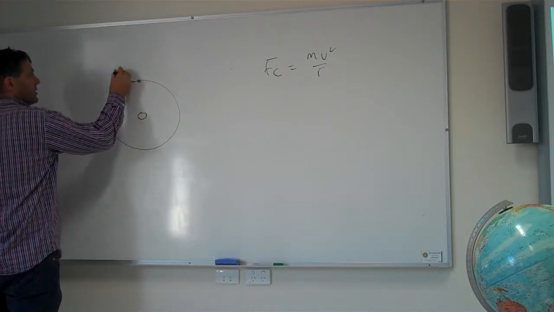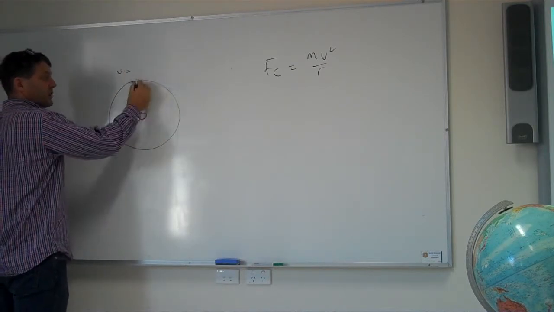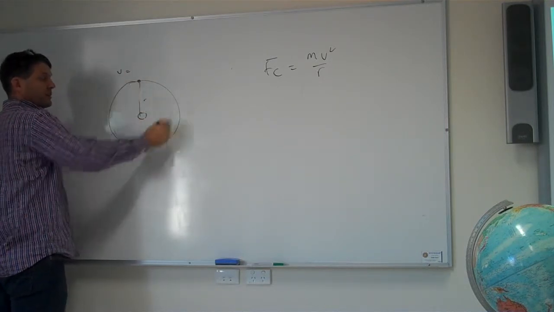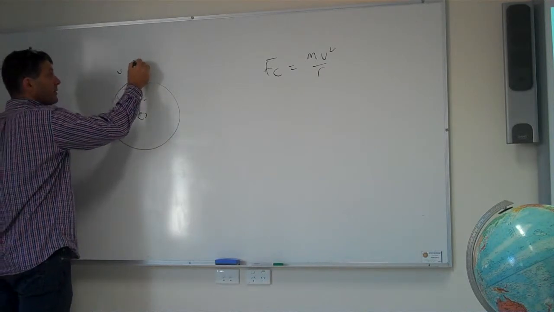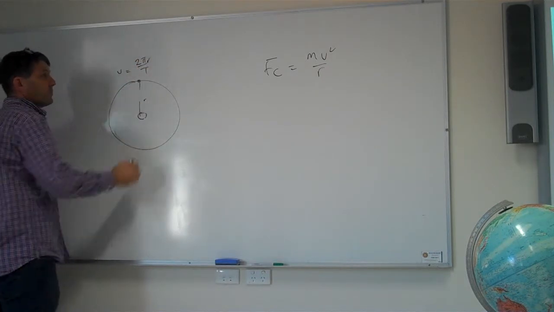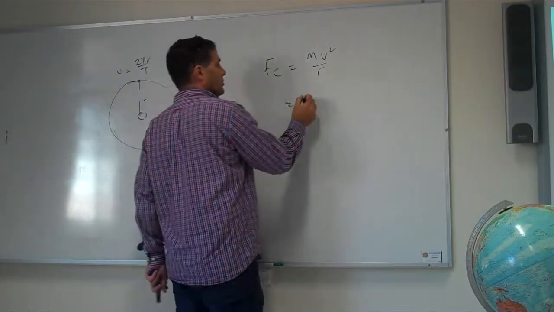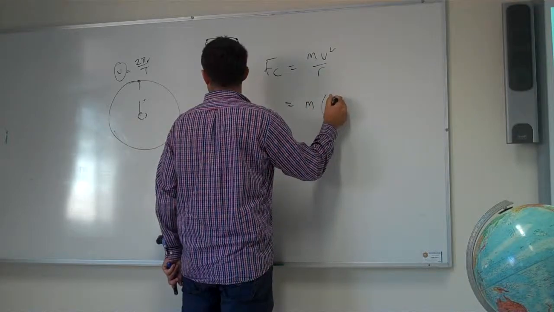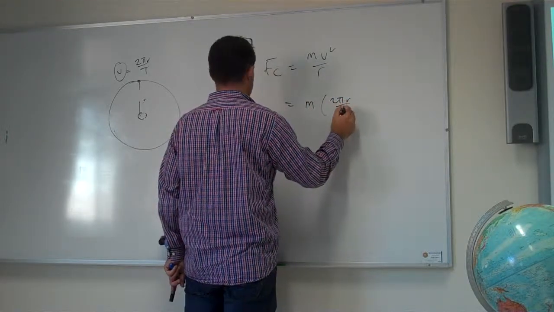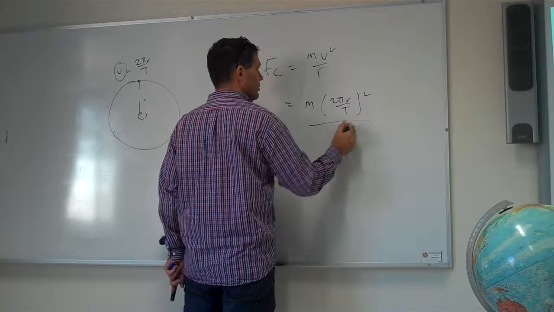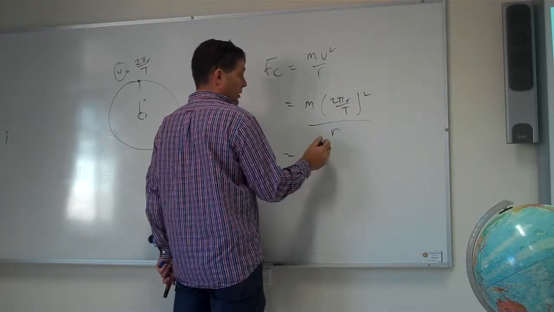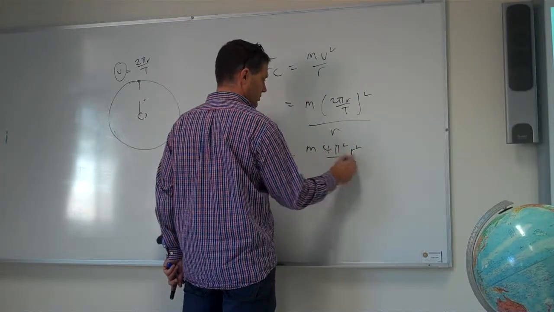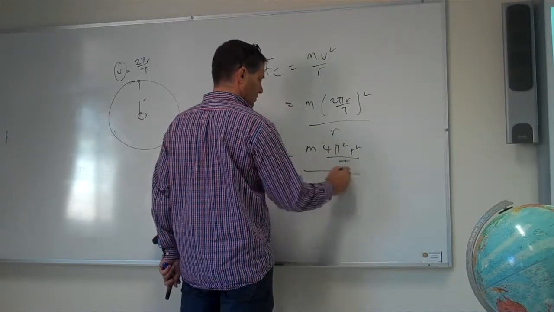Then the velocity at this point is equal to the distance that it goes divided by the period, and the distance that it goes is the circumference of that circle, which is 2 pi r, divided by T. Now, if we substitute in for the value of v, we get m times (2 pi r on T) squared, all on r, which equals m 4 pi squared r squared on T squared, all on r.